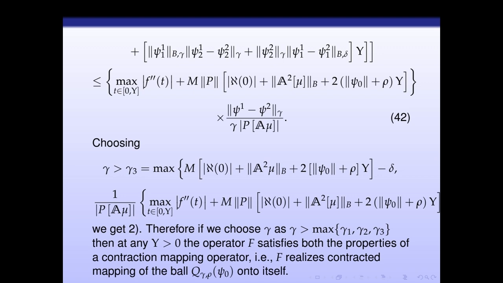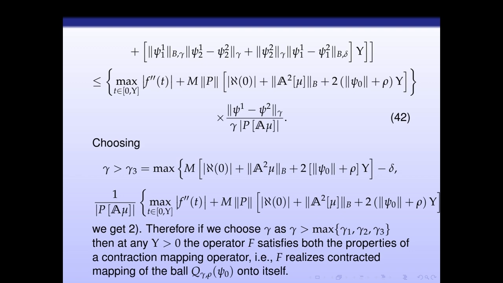Choosing this way, we also get the second condition. Therefore, if we choose gamma bigger than gamma 1, gamma 2, gamma 3, then at any epsilon the operator F satisfies both properties of a contraction mapping operator. F realizes a contraction mapping of the ball onto itself.